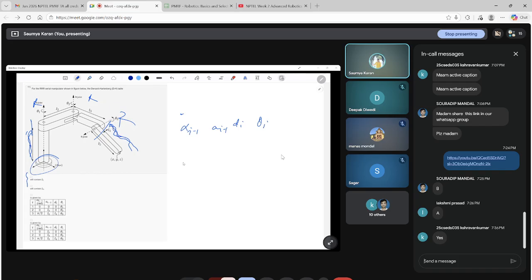After writing this convention, this is just an extra length. When we talk about this joint, we don't have a joint here for which we want to take any offset, or here also. We're just attaching the frame here, so it won't come. We are only concerned about these joints. All right, so that won't come.